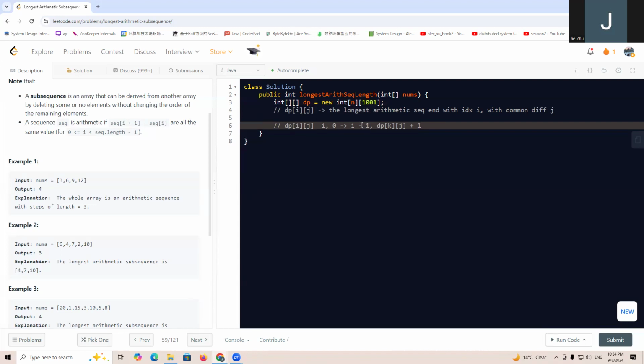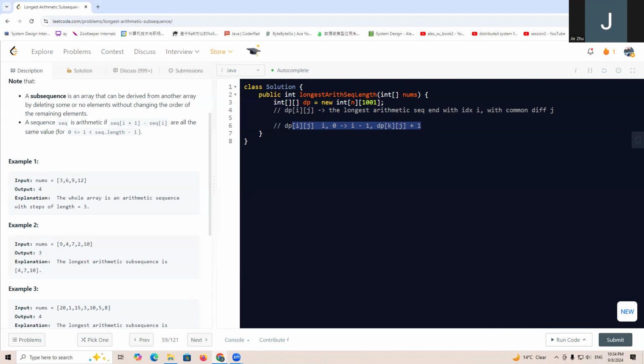And we iterate over i and find the biggest one in every dp[i][j].